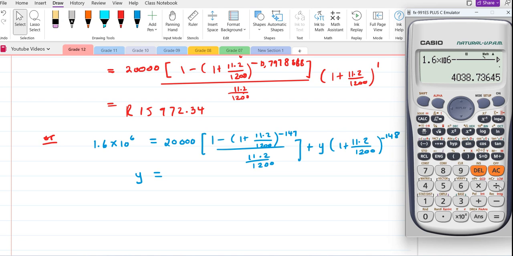So answer divided by 1 plus 11.2 over 1200. I didn't type it right. Put 1 plus, yep, and so far so good, to the power negative 148. And see, we get the same answer, 15,972.34.